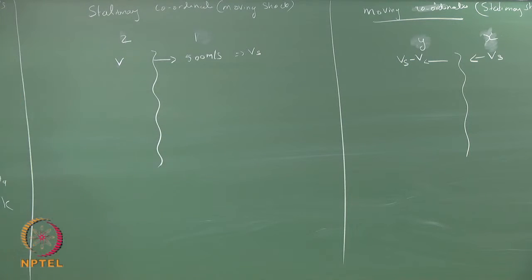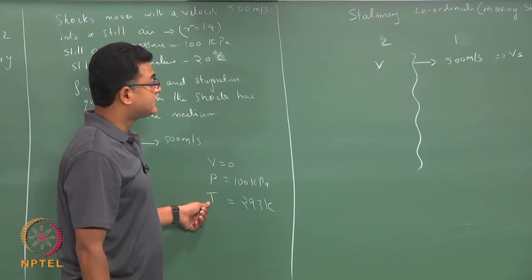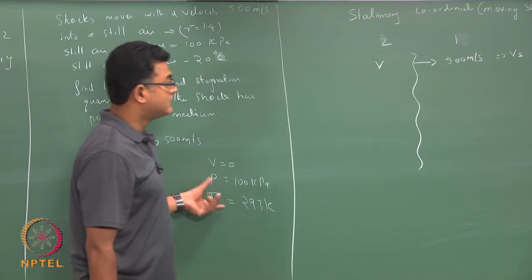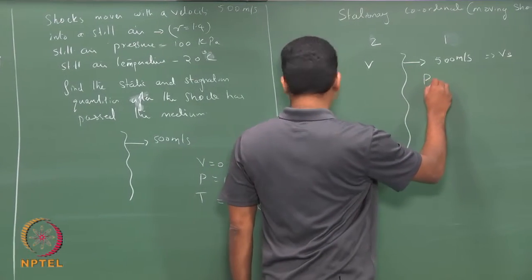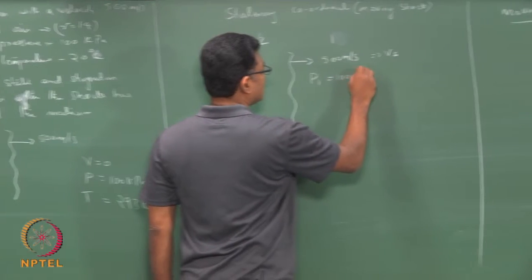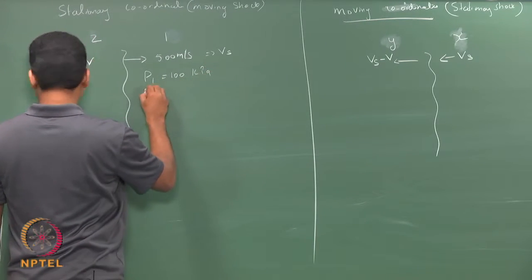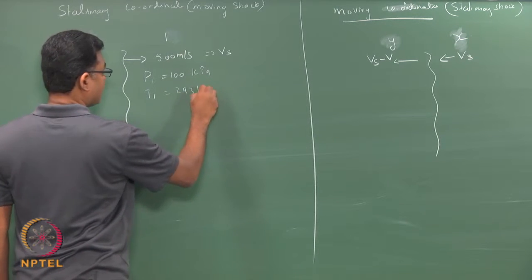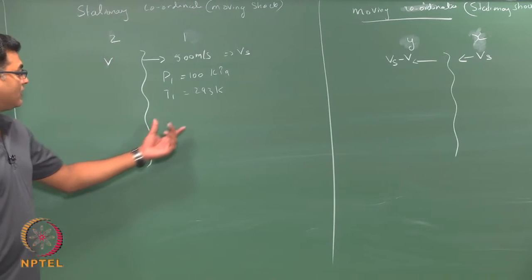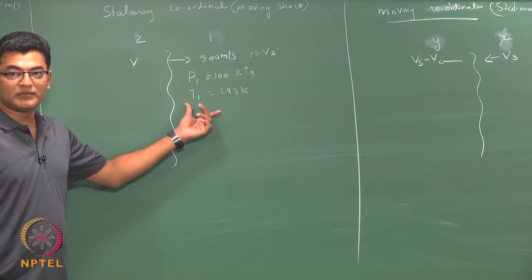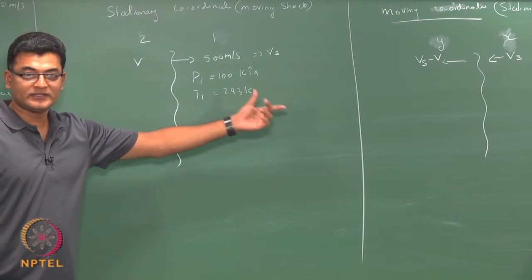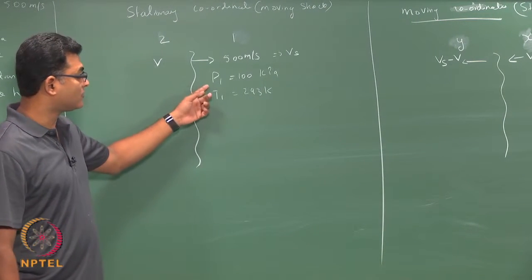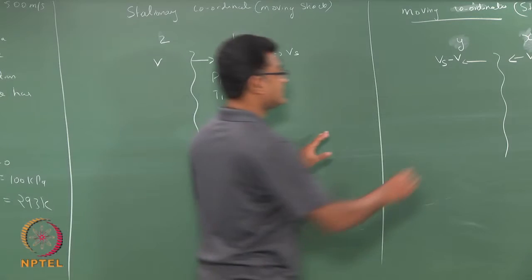Now we know the pressure and temperature in the stagnant fluid, which means this is my P1 is 100 kilopascal, T1 is 293 Kelvin. We know that this static pressure and temperature would be same as in the coordinates whether it is moving or stationary. So this is also our Px and Tx.